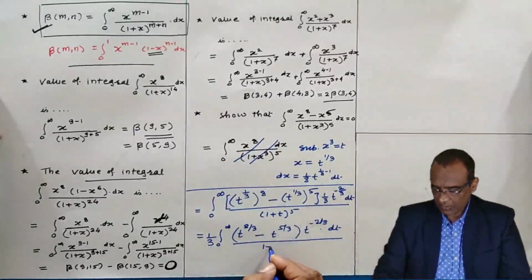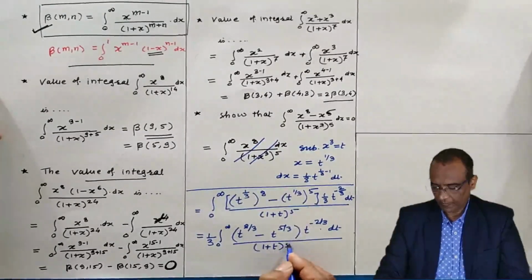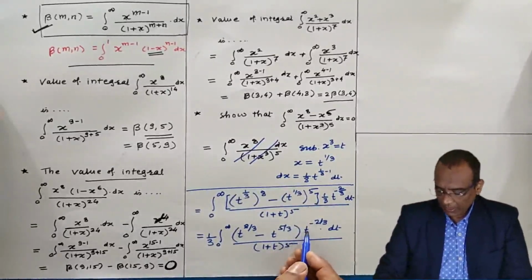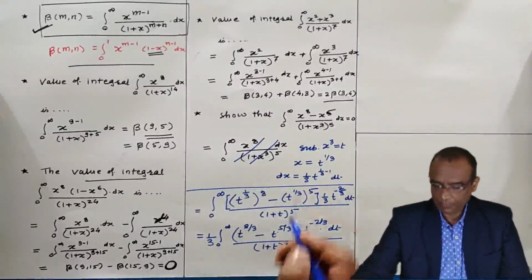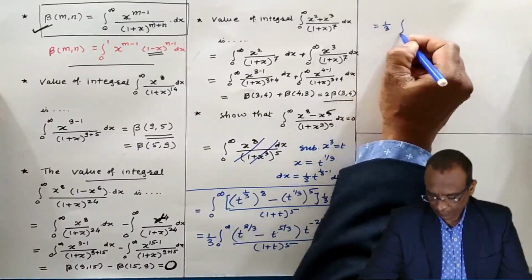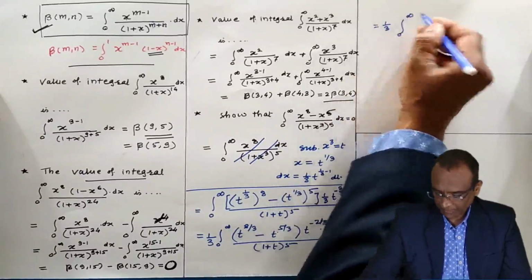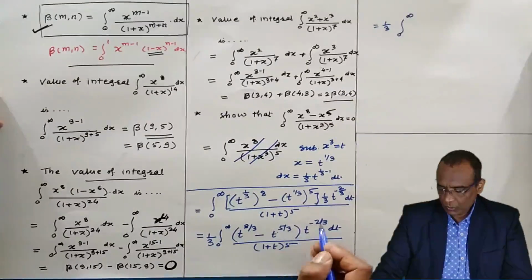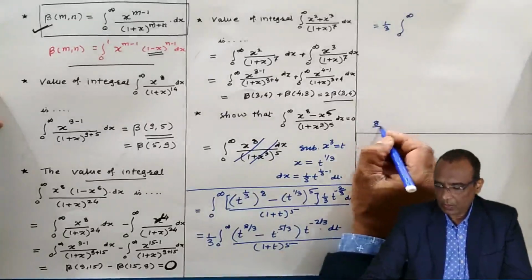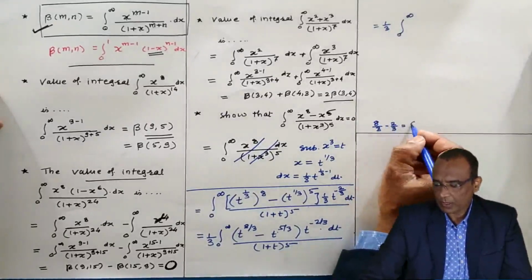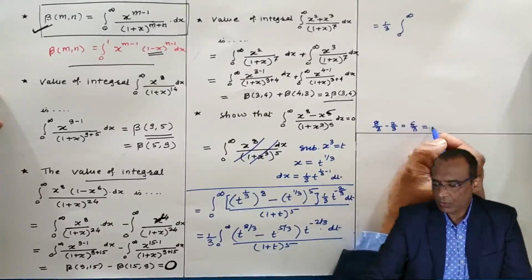The denominator is as it is. Now, outside of the bracket t is present, multiply this by this one, this by this one. Then 1 by 3, next step, integral 0 to infinity, writing directly 8 by 3 minus 2 by 3 is 6 by 3, and 6 by 3 is 2.